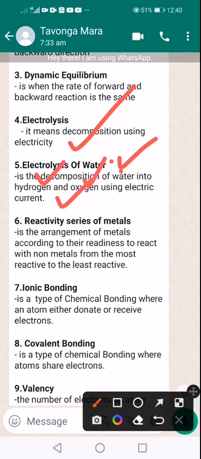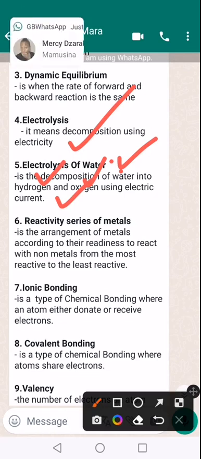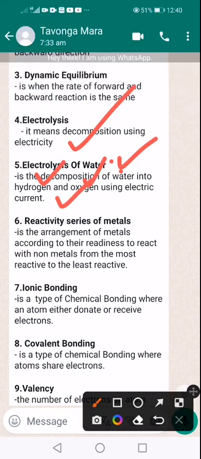At primary level, we used to know that we can only separate water into its elements, hydrogen and oxygen, using a method called evaporation. But at secondary level, we are being taught that we can separate hydrogen and oxygen using the electrolysis of water, which is the decomposition using electricity, using electrical current.